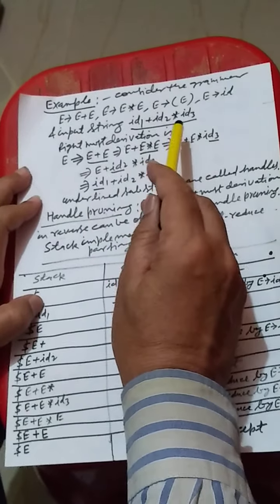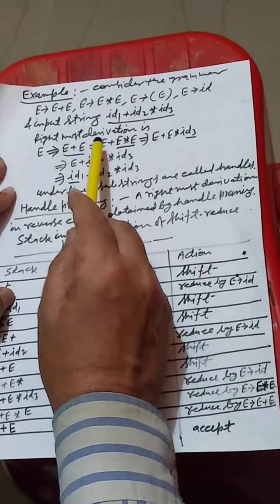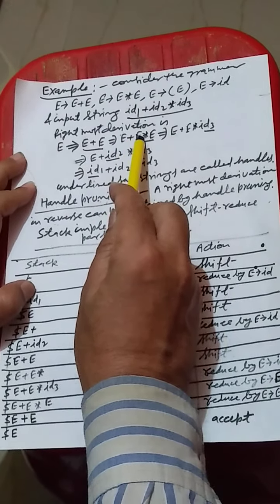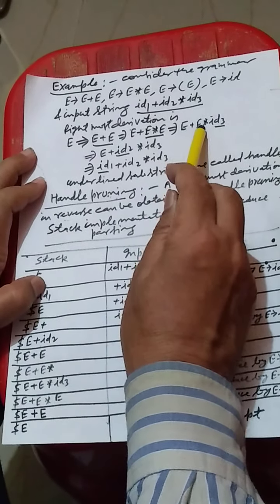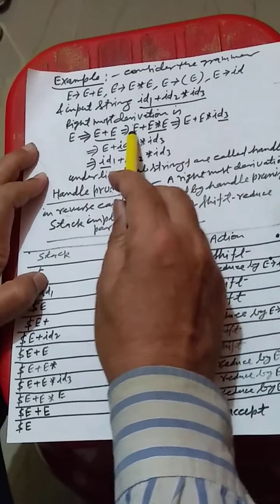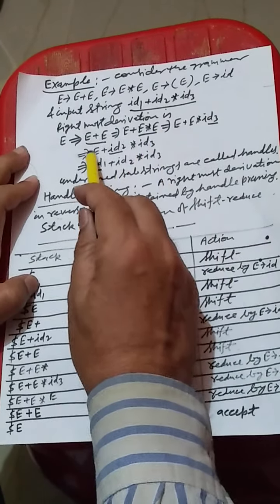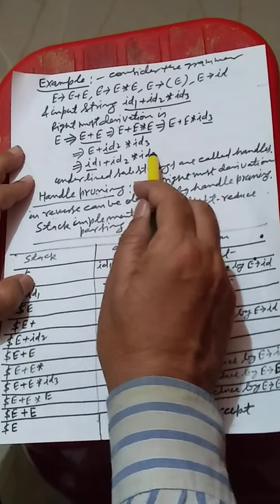So how will this string be parsed using this grammar? The rightmost derivation is E produces E plus E, and then E plus E into E. Then this derives E plus E into id3. Then this produces E plus id2 into id3. This produces id1 plus id2 into id3.